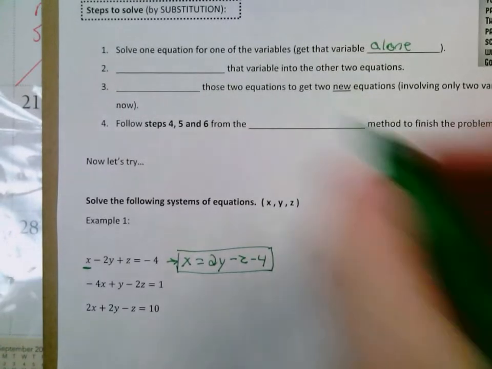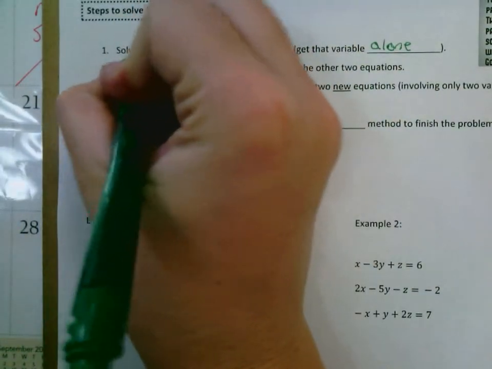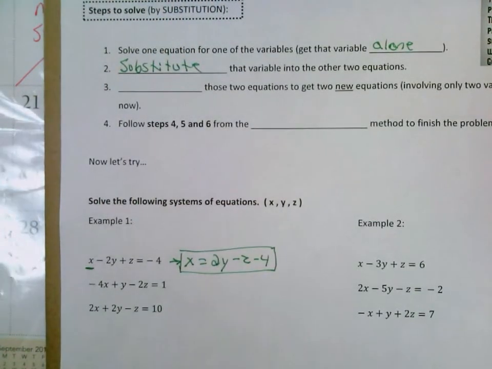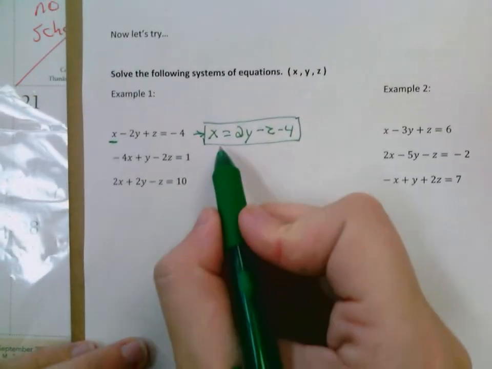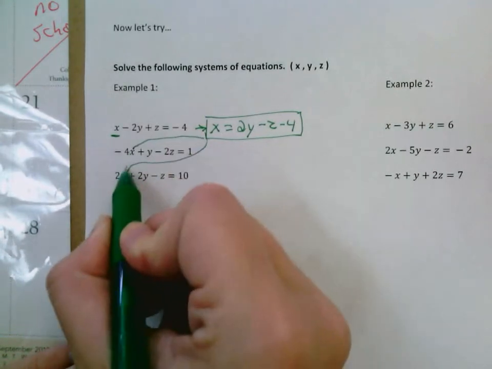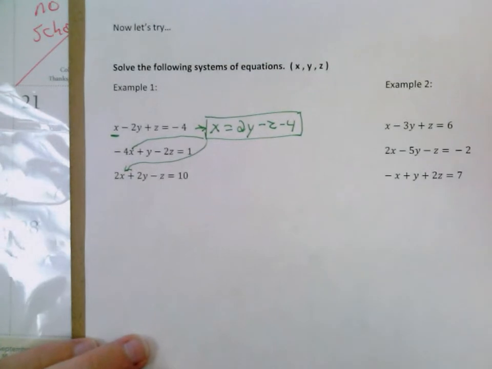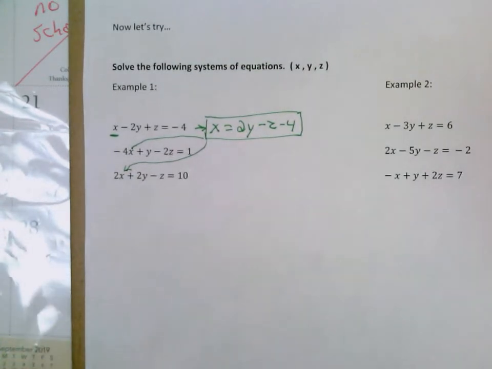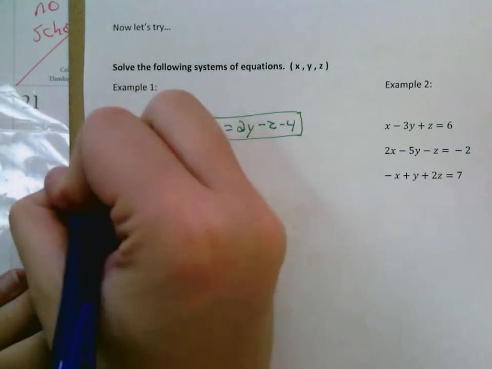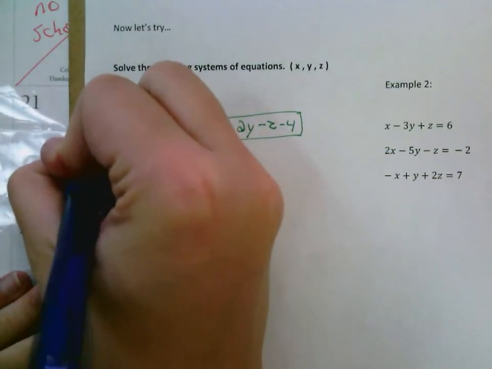Then step number 2 says substitute that variable into the other equations. So I'm going to take this value of x and plug it in here, and I'm also going to plug it in down here. Okay. Now here's again, you need to stay very, very organized for this. So I'm going to do the first equation, or we'll call this equation 2 because that's what we did on the first one.